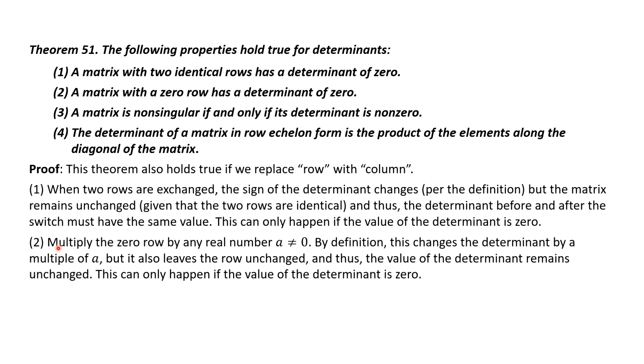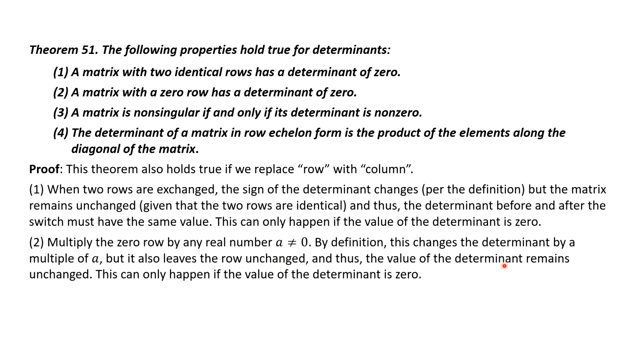Okay, number 2, multiply the 0 row by any number A not equal to 0. By definition of a determinant, this changes the determinant by the multiple of A, but the row is unchanged, right? It's a 0 row, so if you multiply it by A, it's still all zeros.